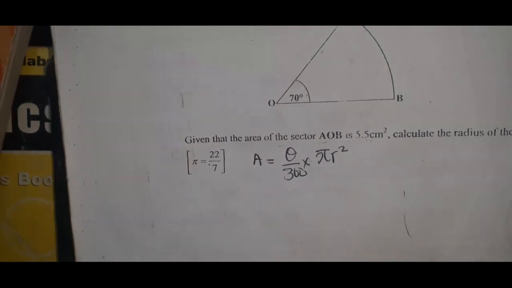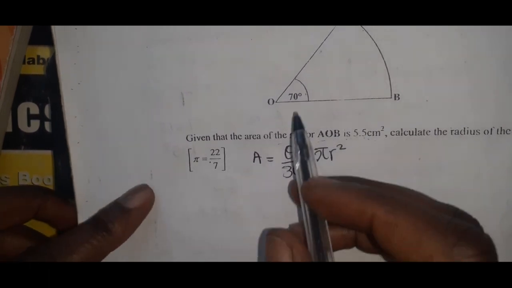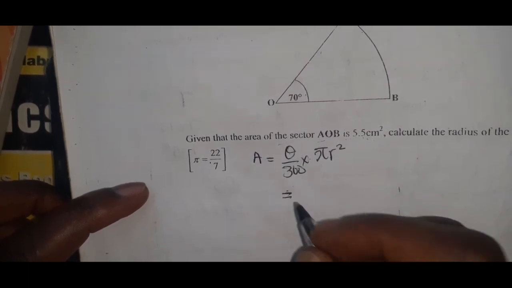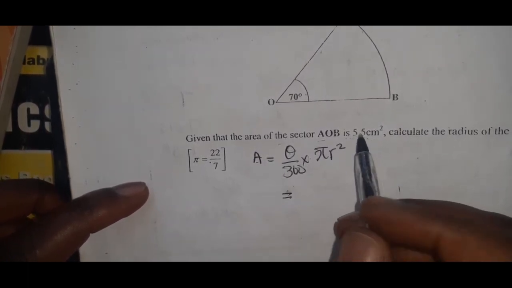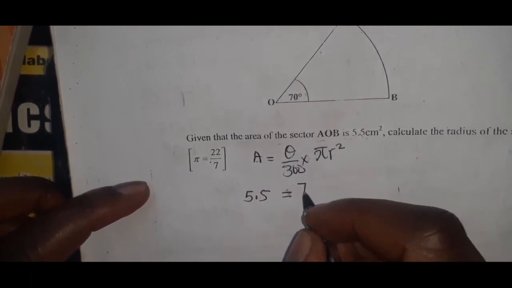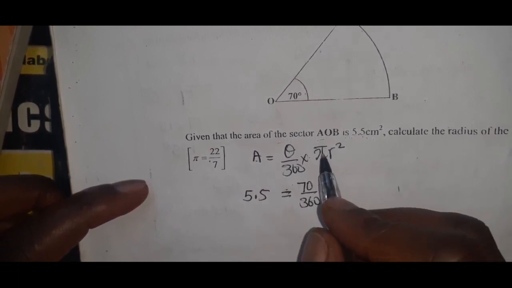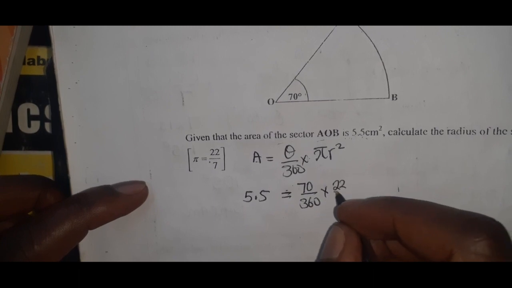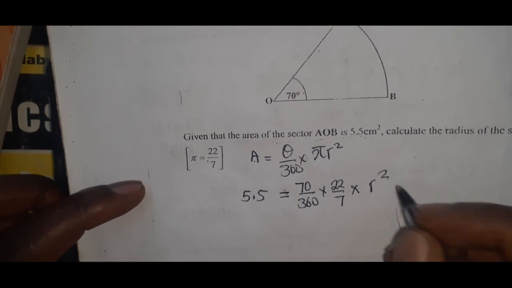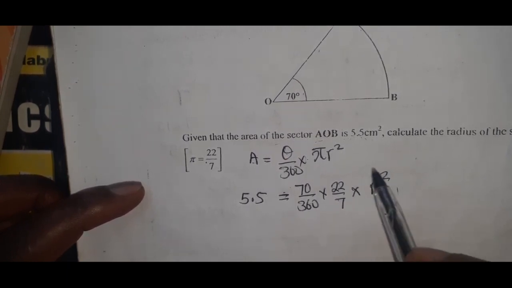To calculate the area. Okay. So this theta here is the angle that is given here. So you should take note, area has been given here as 5.5. Then here we have 70 over 360 multiplied by 22 over 7 multiplied by r squared. So we are looking for this part. Take note of that.